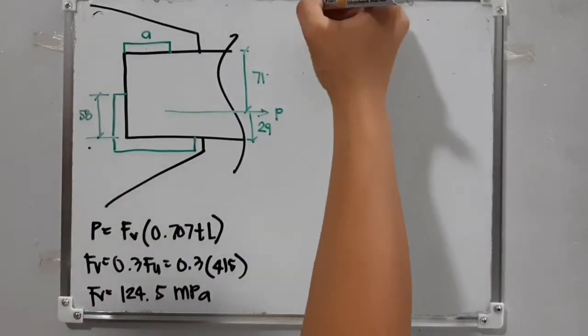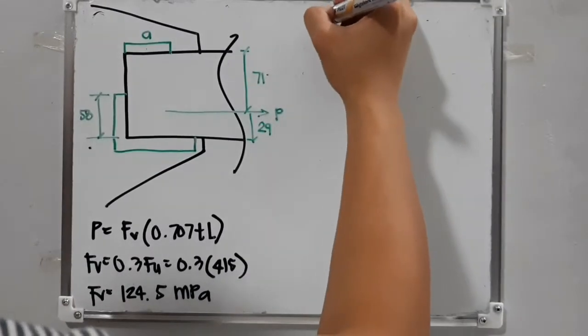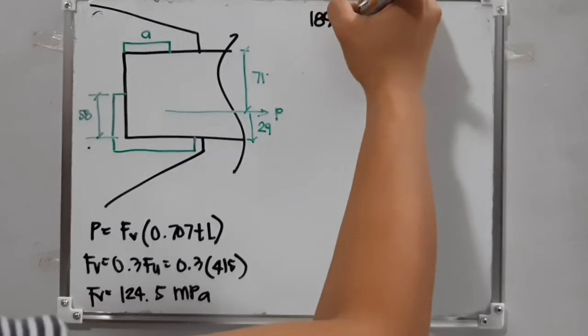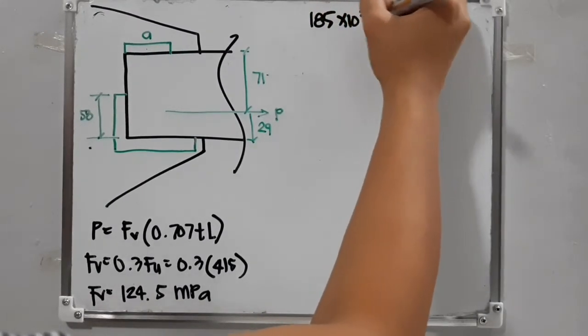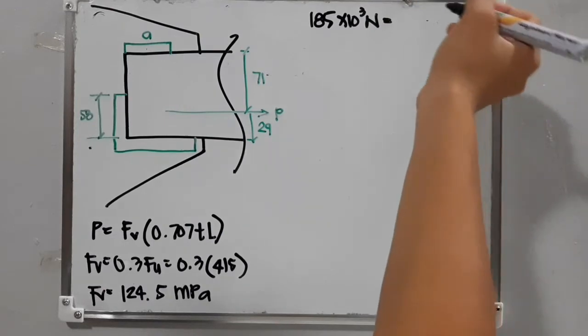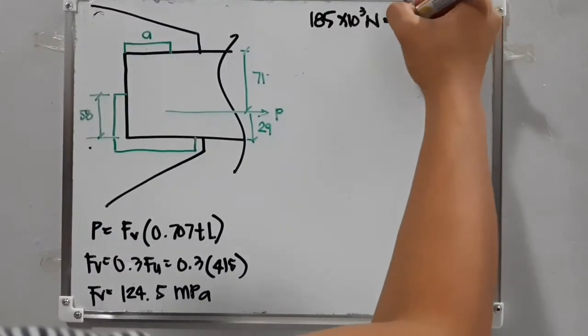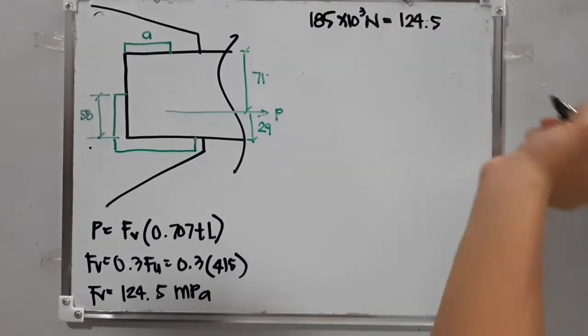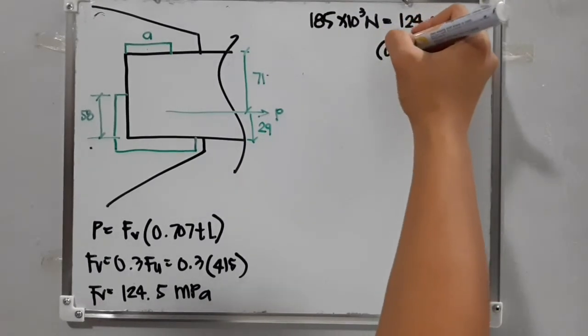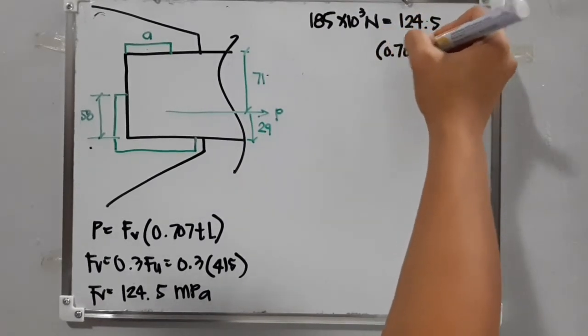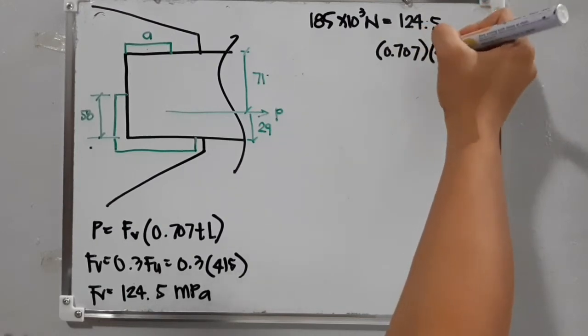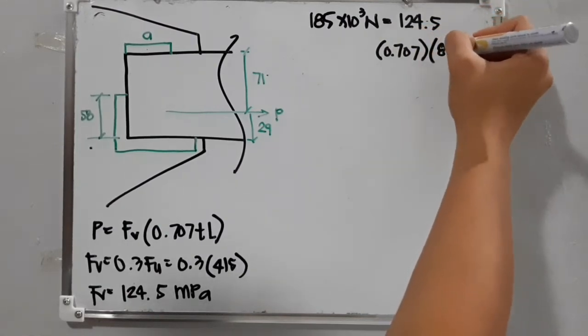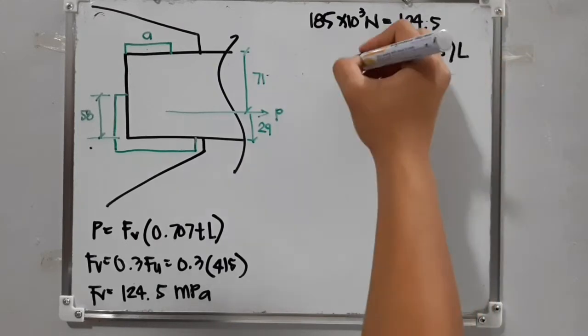Our P is 185 times 10 raised to 3 in newtons. That is equal to 124.5 megapascals multiplied by 0.707, the thickness of 8 millimeters, and L is unknown.